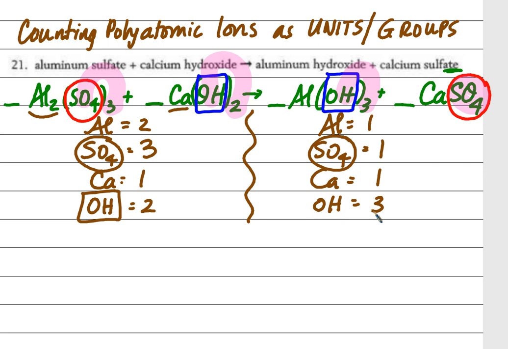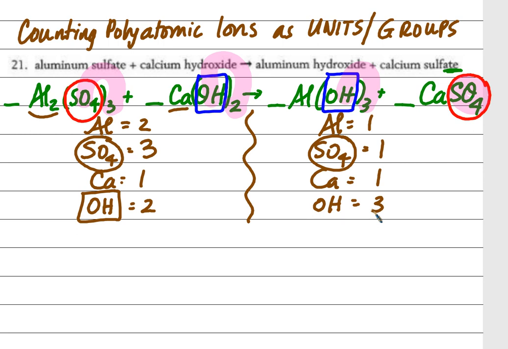And so now that we've grouped them and counted them together, we can start wherever we want. We don't have to worry about, remember how I said do oxygen at the end and do hydrogen near the end? We don't have to worry about that. Technically, when you're counting in groups, there's no more oxygen or hydrogen. They're in groups. So why don't we just randomly start with the sulfates?